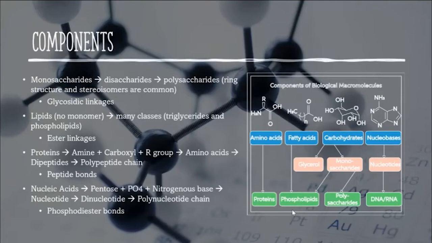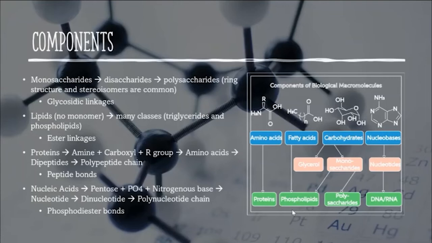Now, lipids themselves don't have a monomer like carbohydrates do with monosaccharides. Instead, they have many classes of lipids, each with their own components, such as triglycerides and phospholipids. They have fatty acid chains as their components. Depending on the presence of double bonds or not, that will affect their structure and function.